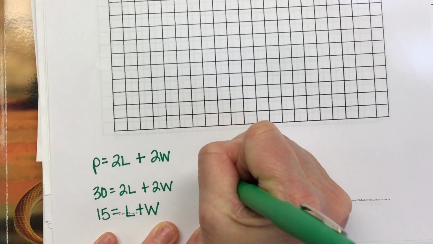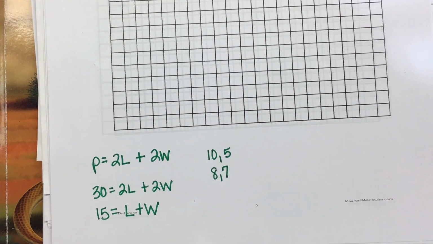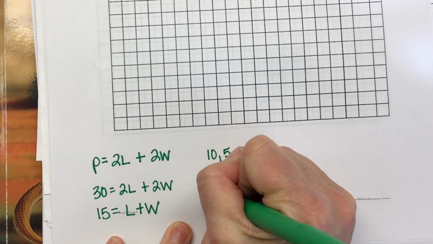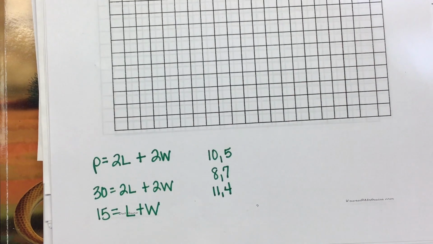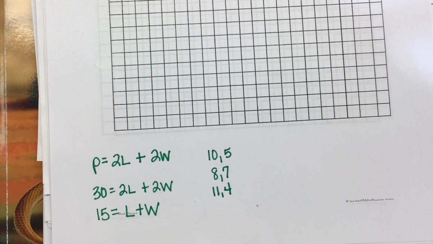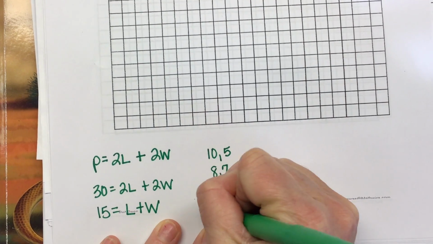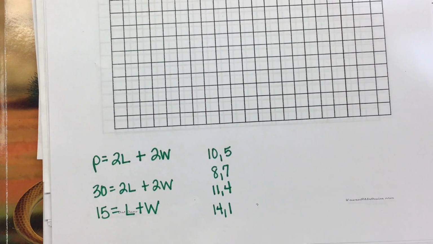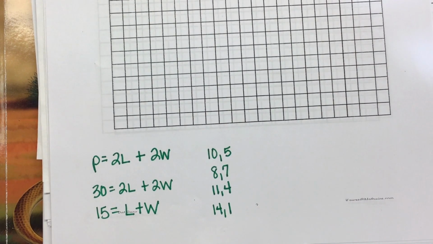What else could we use? 11 and 4. What else could we use, Raider? 14 and 1. What else could I use? I'm just looking for 2 numbers that add up to 15.